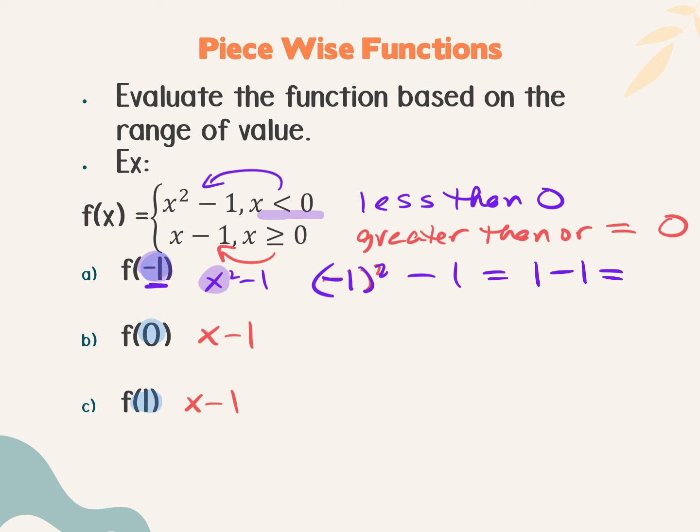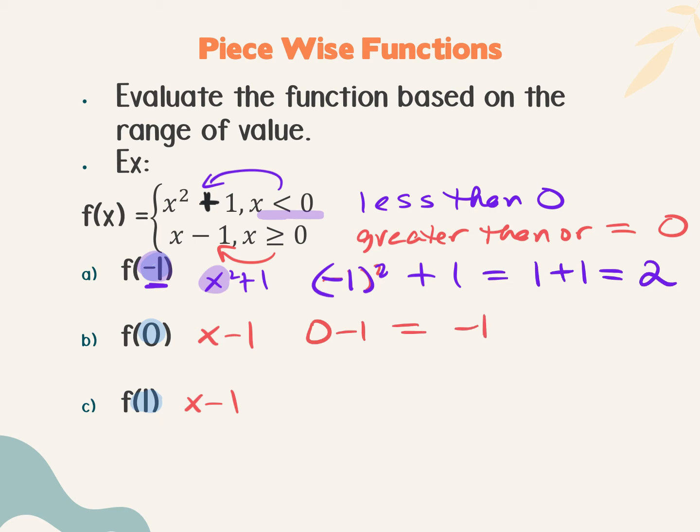Let's change this expression here to a plus sign. So we're going to do this as an addition problem. So then this gives me 2. The other expression is good. So now let me plug in 0, 0 minus 1, and I get -1.